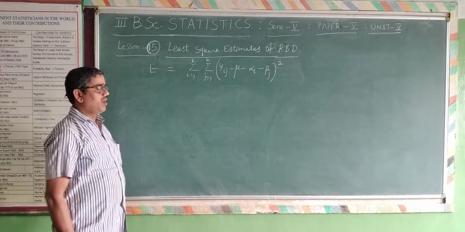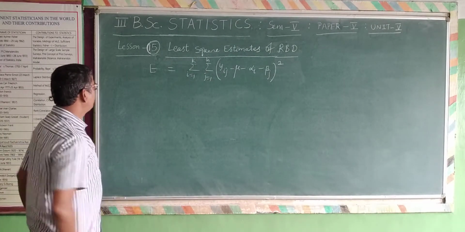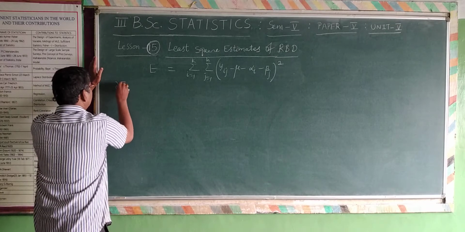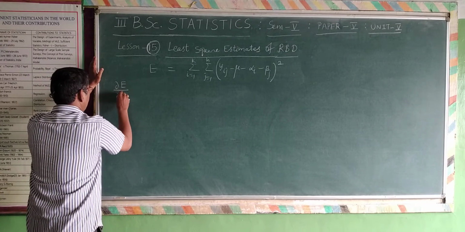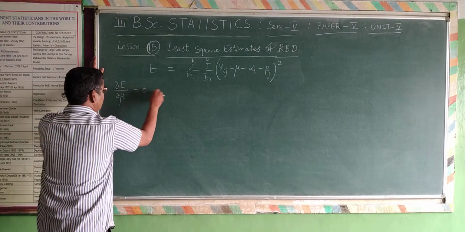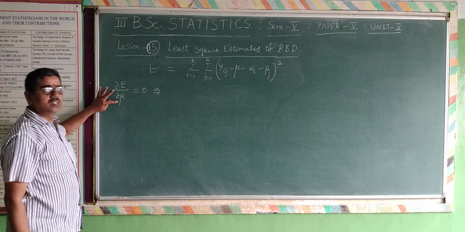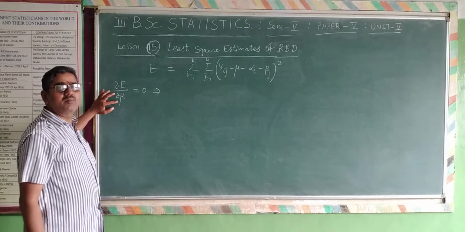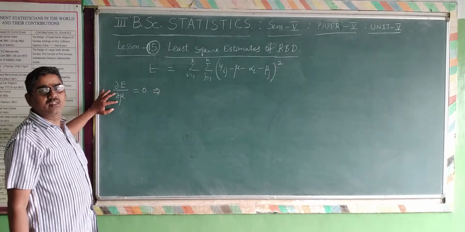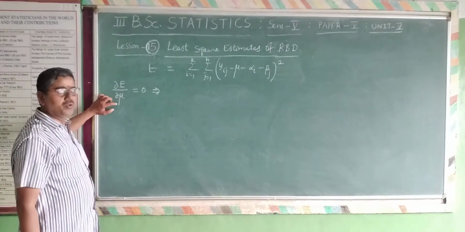Now we have to apply the principle of least squares, and by using that we have to estimate the respective parameters. First of all, dou E by dou mu is equal to 0. We want to estimate the parameter mu, among the parameters mu, alpha i and beta j, first of all mu.